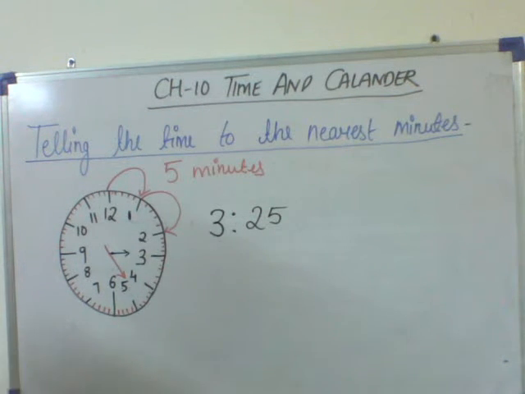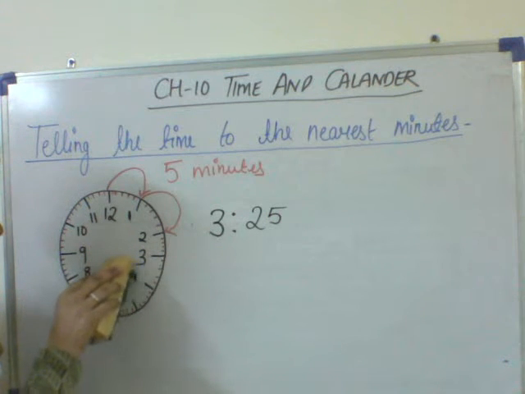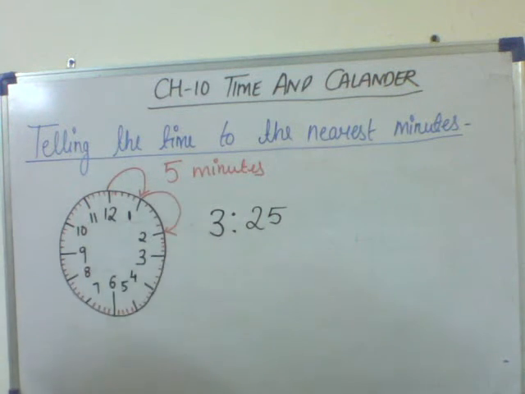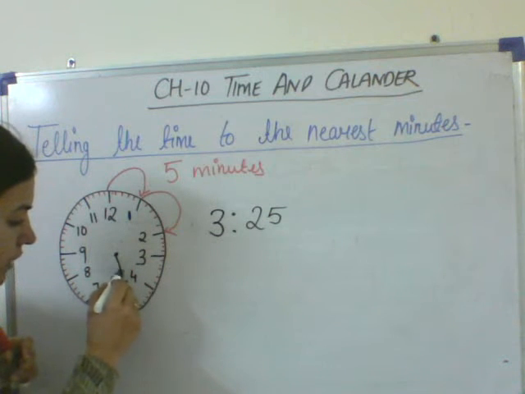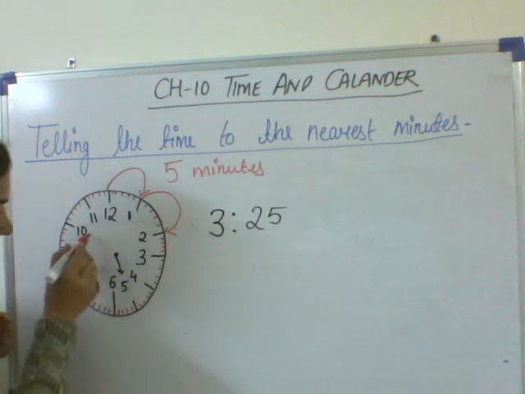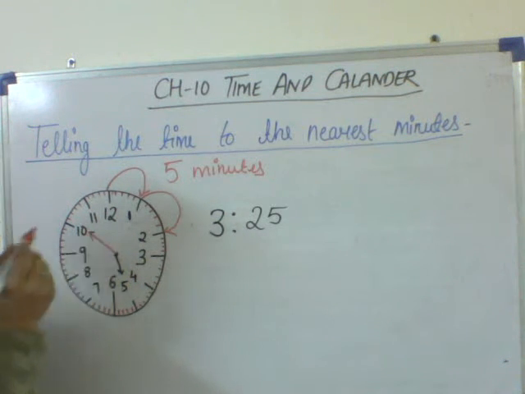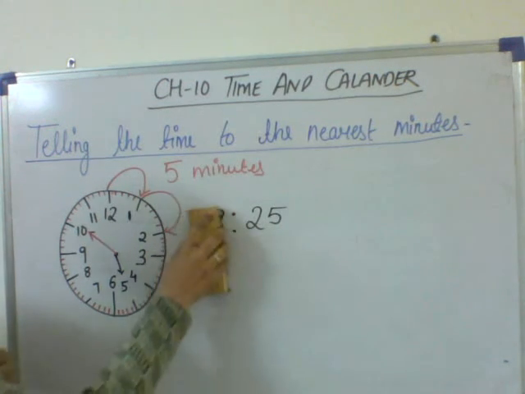Again let us rub it and make it again. Here is the hour hand. The hour hand is short. It is at 5. And this minute hand is at 10. Now you have to tell the time here.